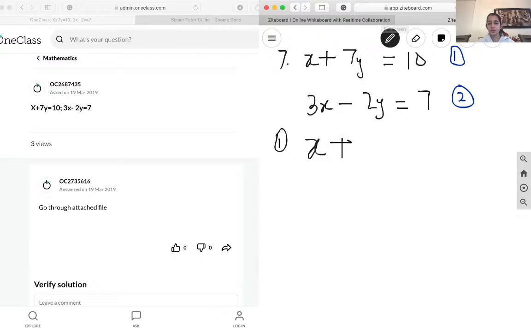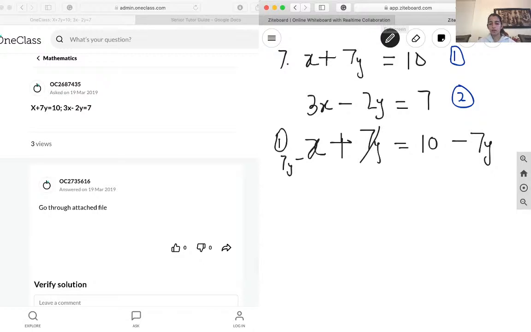x plus 7y is equal to 10. I'm going to move the 7y over to the other side so that x is alone. I can do this by minusing 7y on each side. So 7y on this side and minus 7y on that side.